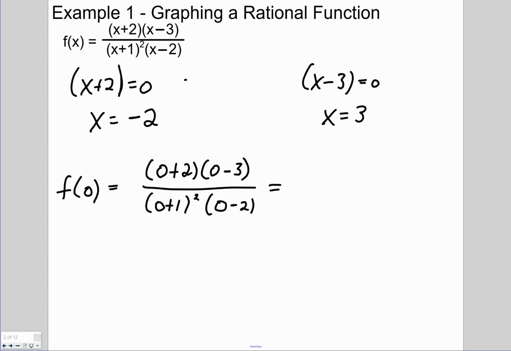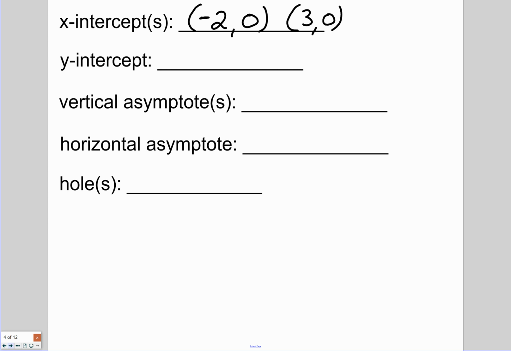So let's do some math here. 0 plus 2, 0 minus 3, multiply. 0 plus 1, square it. 0 minus 2. Multiply. So we get 3. When I go to my slide where I'm writing down my characteristics, I'm going to write 0, 3. That's it for the y-intercept.